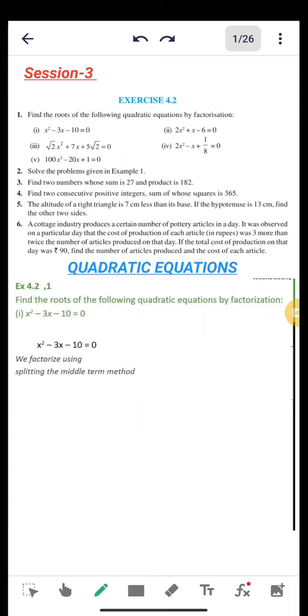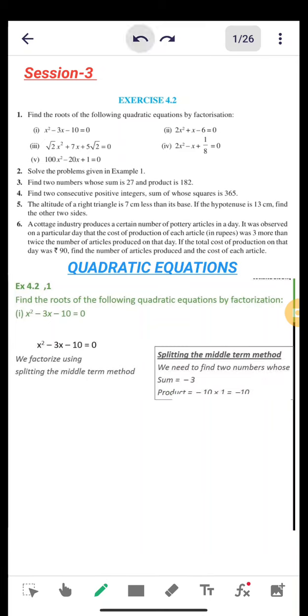Okay, always remember the rules of factorization. We find the product of first and the last term, that is minus 10. Okay, and the middle term is minus 3. Okay, so we will find two numbers whose sum is minus 3 and product is minus 10.